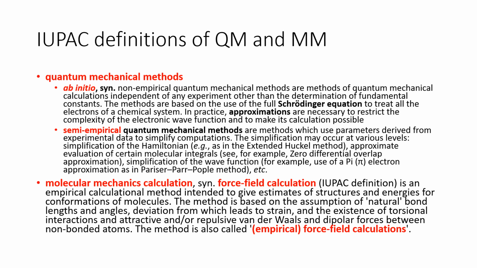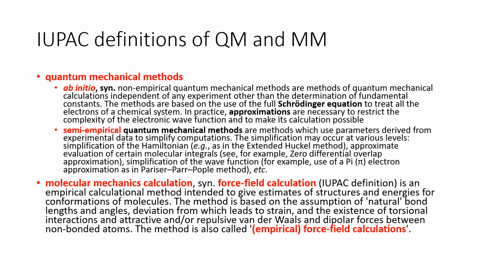IUPAC also defines these two methods or approaches. As for the quantum mechanical methods, they can be split into two methods. The first one is ab initio, which means from the beginning.